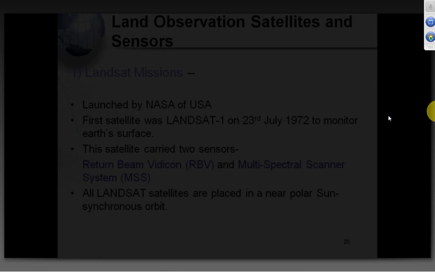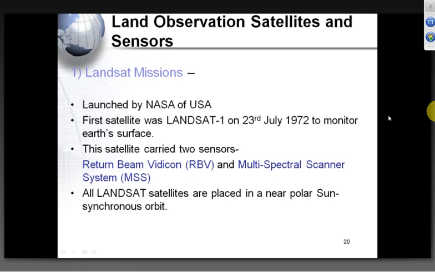First of all, Landsat missions. It was initially launched by NASA of USA. It was the very first satellite to be launched, on 23rd of July 1972. The motive was to monitor Earth's surface, means to detect the changes occurring over the Earth's surface at different times.